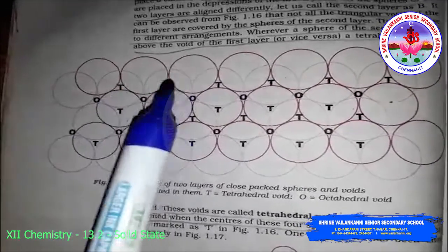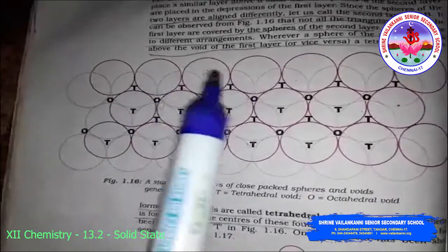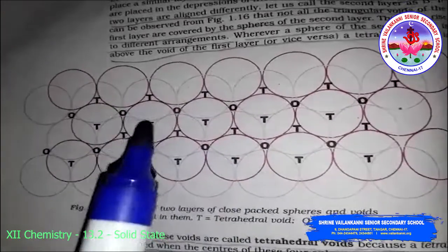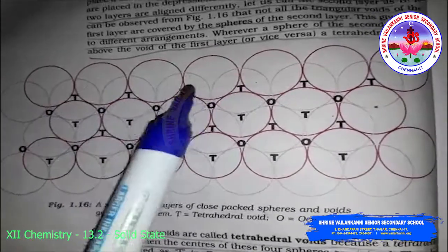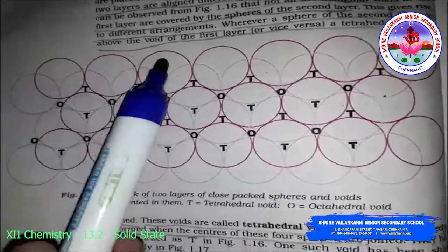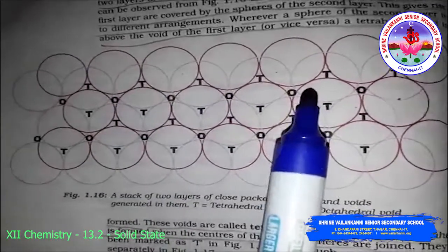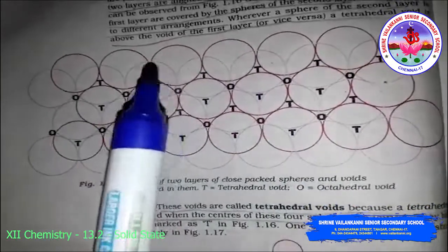The spheres of the second layer are placed in the depressions of the first layer. Since the spheres of the two layers are aligned differently, let us call this second layer B and the first layer A.